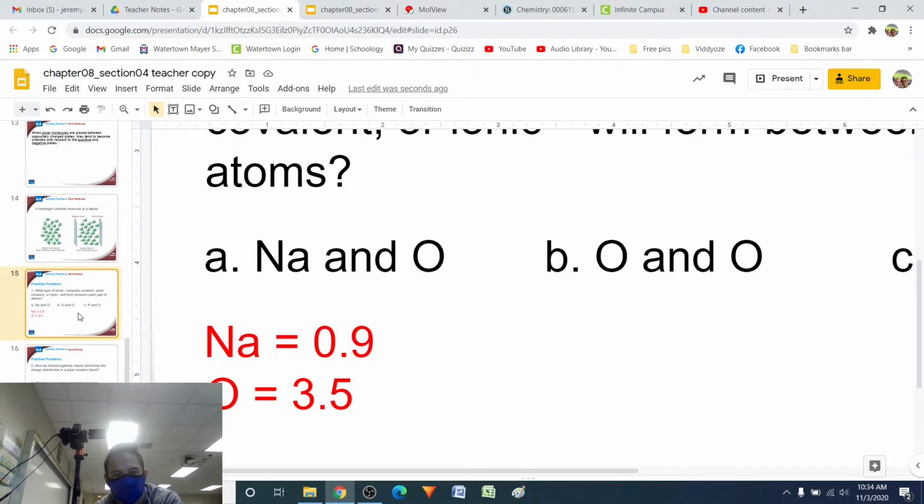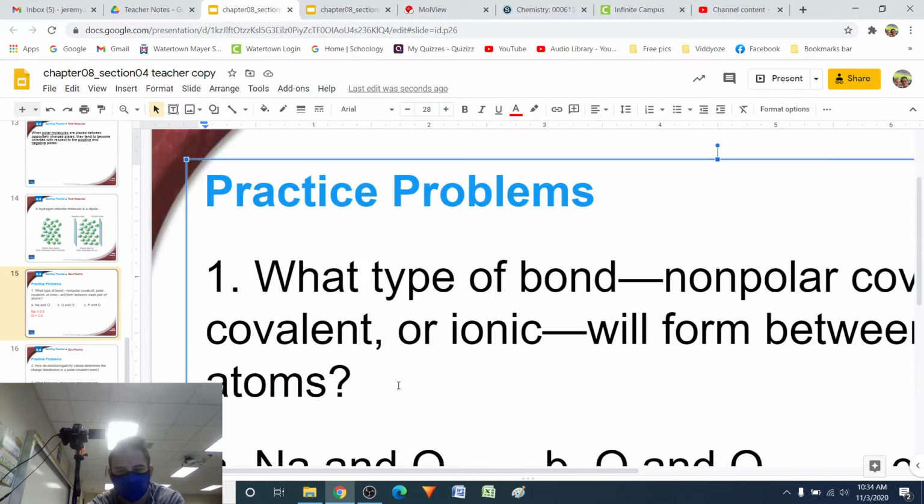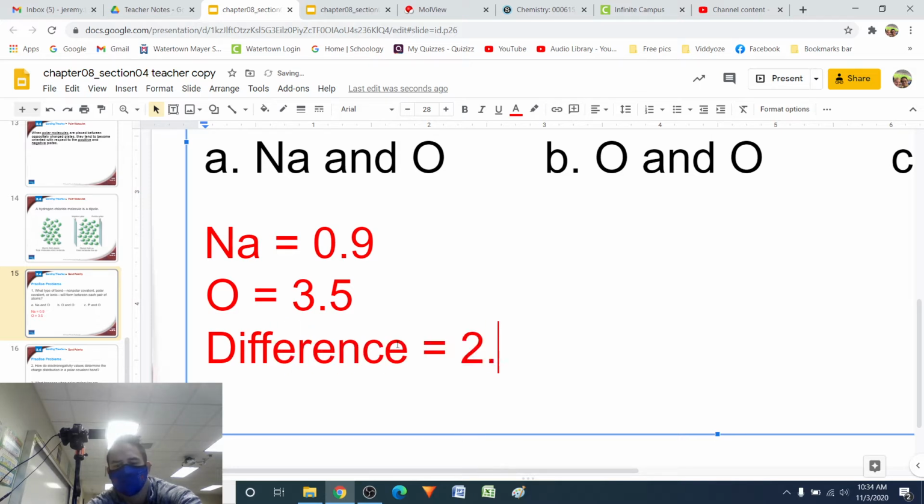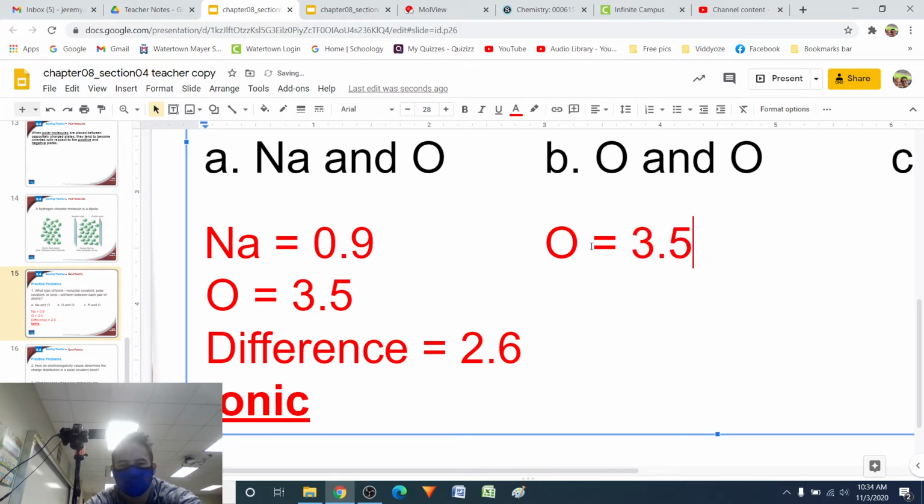Okay, so for this problem, our difference is 2.6, therefore this is going to be ionic. All right, next one here, we have oxygen and oxygen. This one's going to be pretty simple because we have the same element, and therefore the difference is going to be 0.